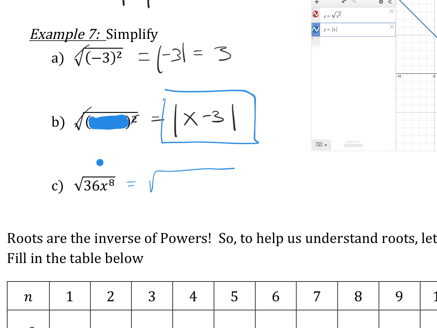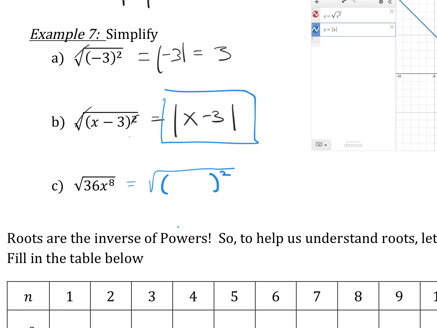Okay? So we want to write this as the square root of something squared. The question is, how can we change this into something squared?